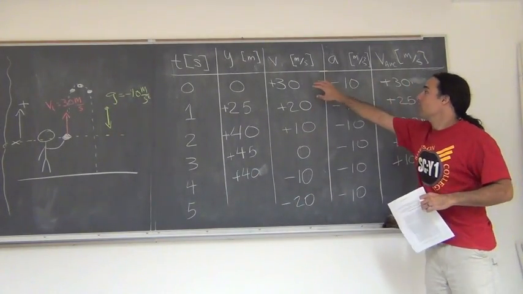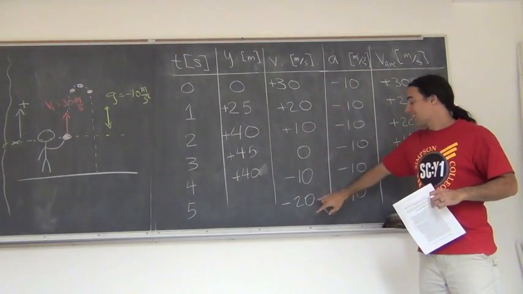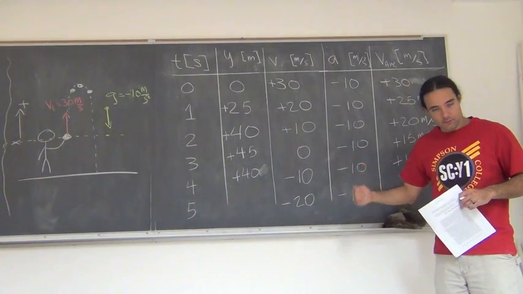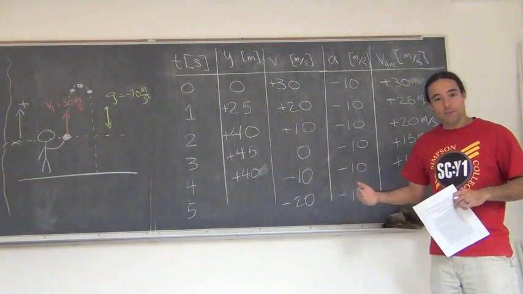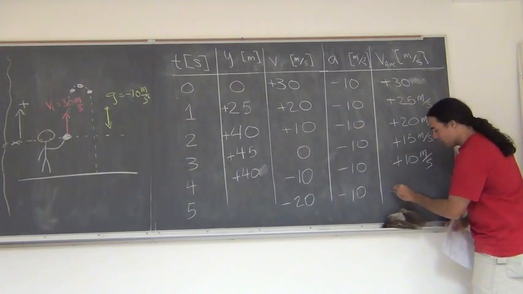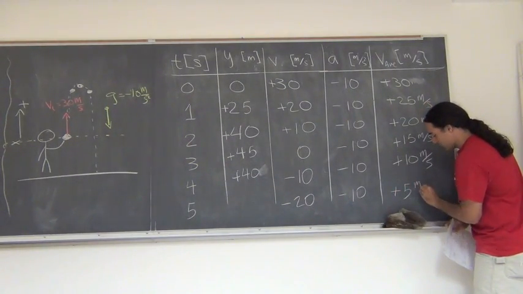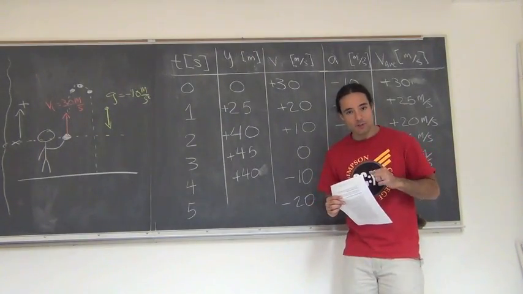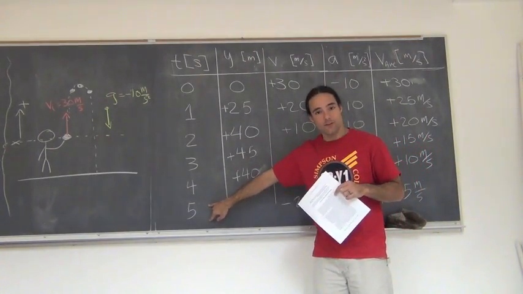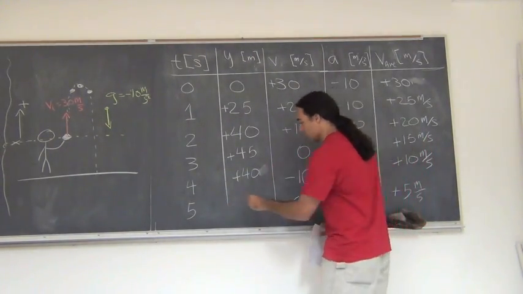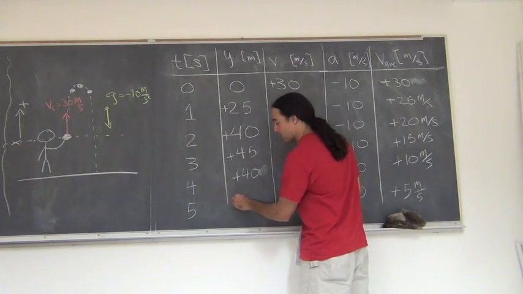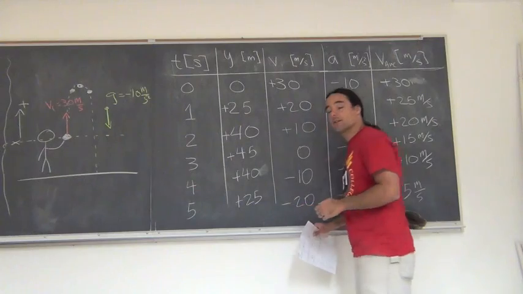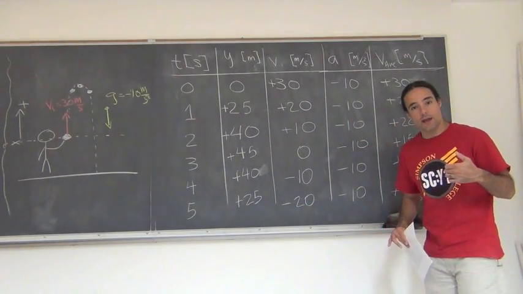Well, I've gone from plus 30 meters per second down to negative 20. 30 plus negative 20 is 10. Divided by 2, that's an average speed of going up by 5 meters per second. We move at an average speed of 5 meters per second for 5 seconds. Therefore, 5 times 5 gets me a height of 25 meters off the ground.